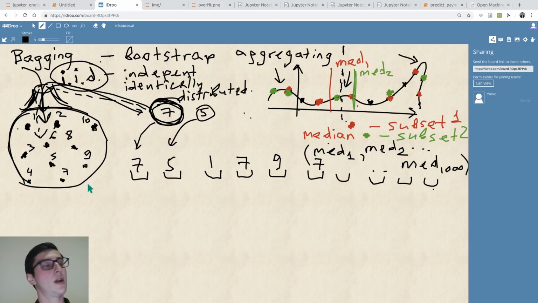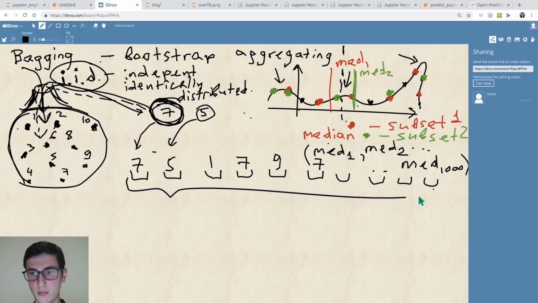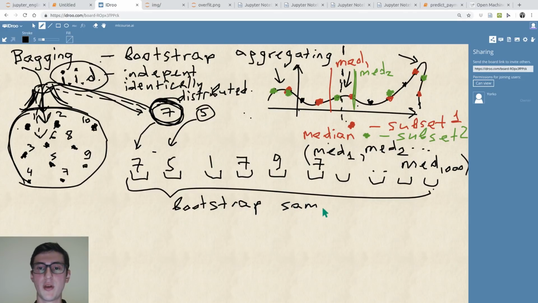Okay, and it's actually really simple to calculate the proportion of unique observations in each of these bootstrap samples. We'll call this a bootstrap sample. The principle is the very same as I've illustrated with calculating medians.